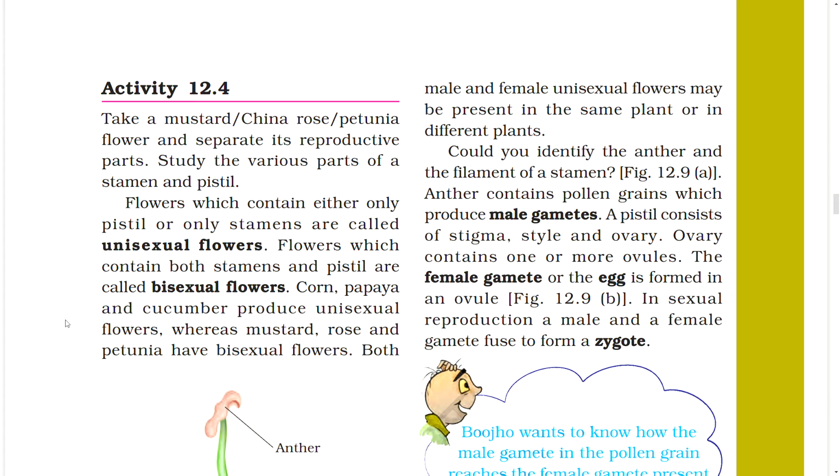Flowers which contain either only pistil or only stamens are called unisexual flowers. Flowers which contain both stamens and pistils are called bisexual flowers. Corn, papaya, and cucumber produce unisexual flowers, whereas mustard, rose, and petunia have bisexual flowers.